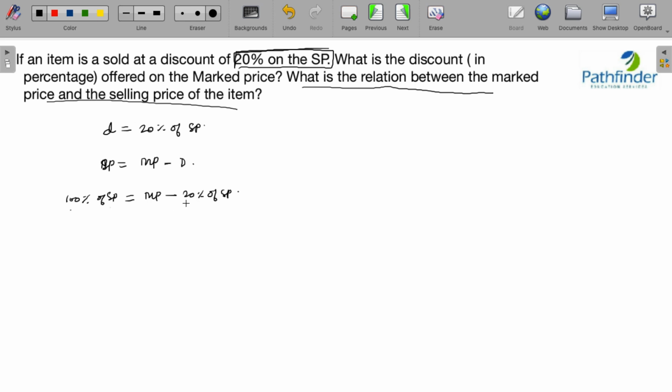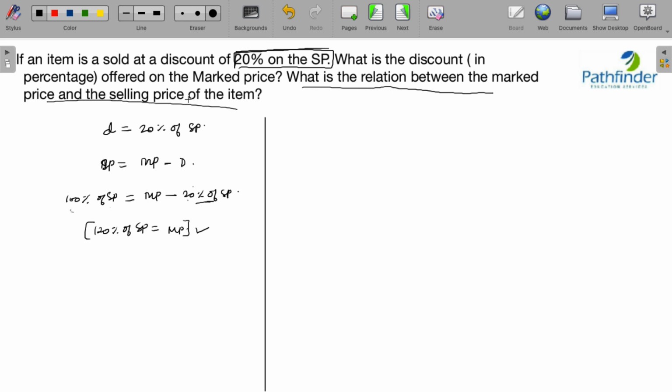So 100% of selling price plus 20% of selling price. If you transfer this quantity into LHS, 100 plus 20 will give you 120% of selling price, which is equal to marked price. So this is the relation between the marked price and the selling price in this case.